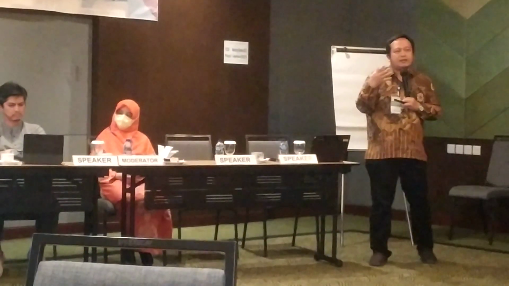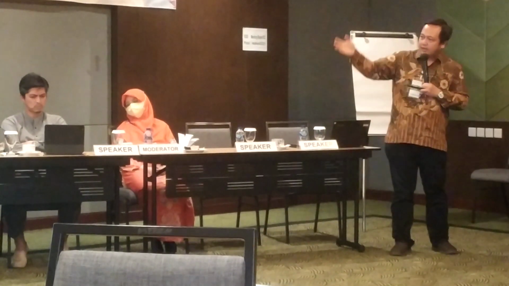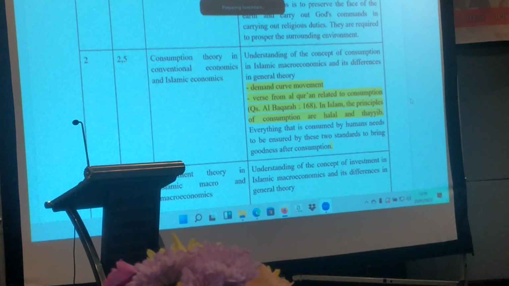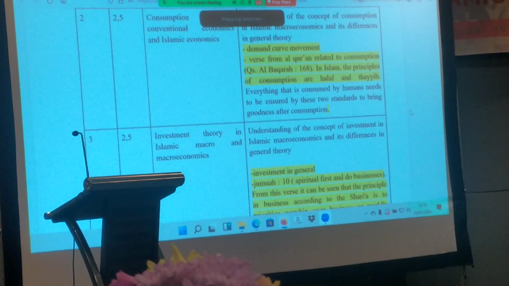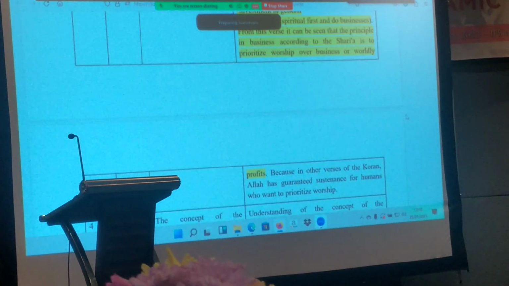In consumption, for example, we ask why a country with more consumption later experiences inflation. So we focus on and thoroughly discuss consumption in this week. Later we thoroughly discuss investment in another week, and so on and so forth. So we go to the next, then government. Go down.